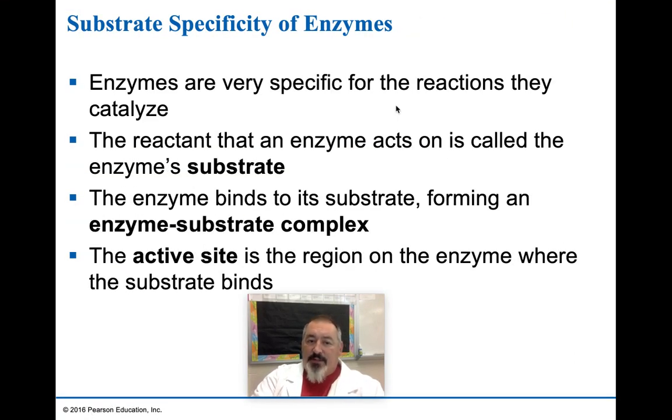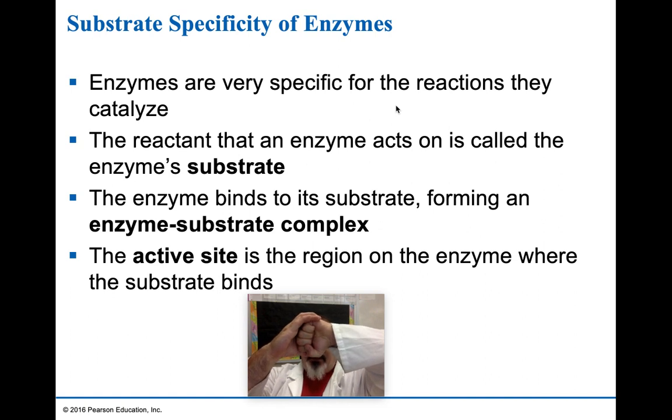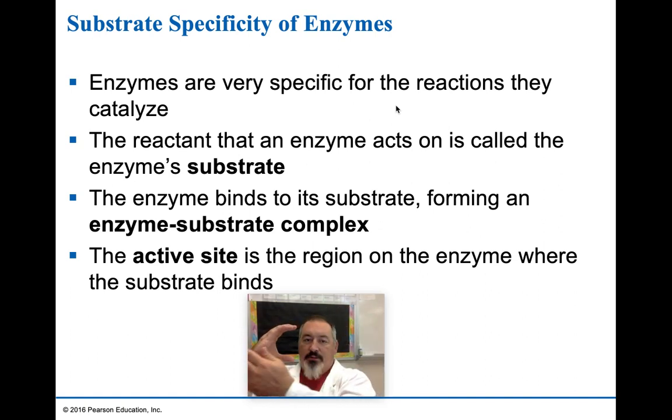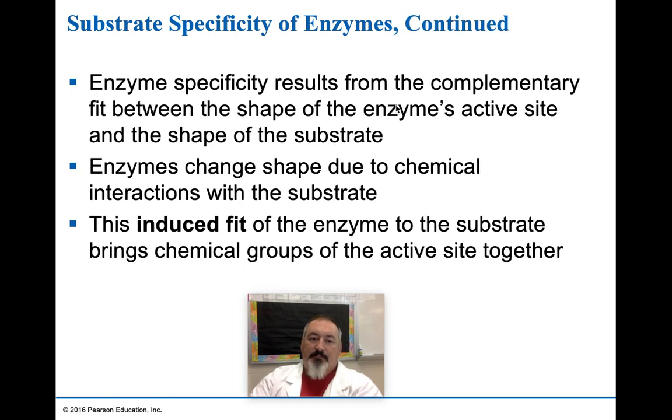We have the substrate enzyme complex, the active site, which we've all identified. So if this is the enzyme, this would be the substrate. This would be the substrate enzyme complex. It would break it apart, and you would eventually have the same enzyme, and you would have an altered substrate.